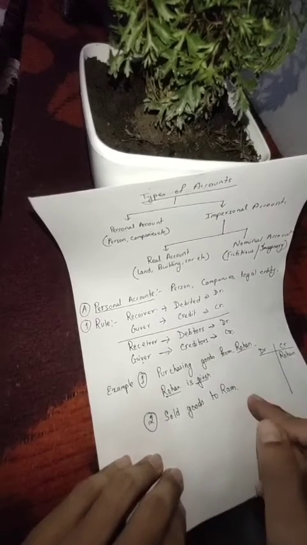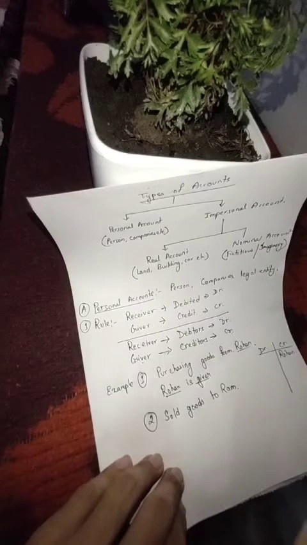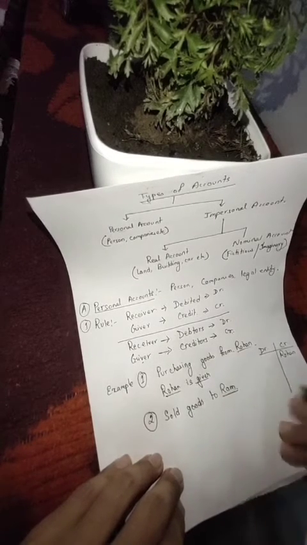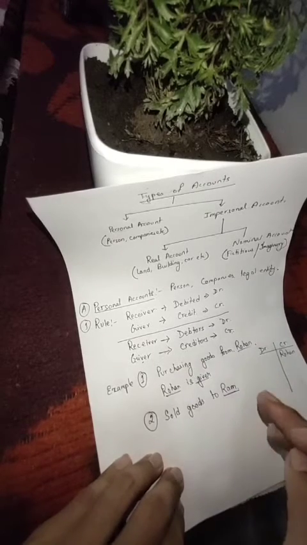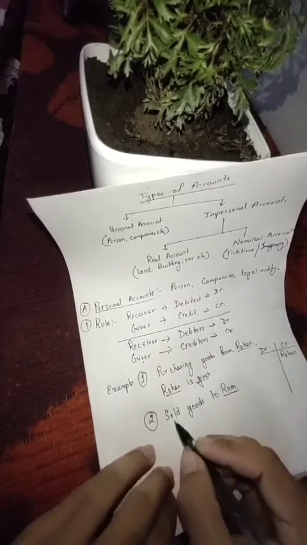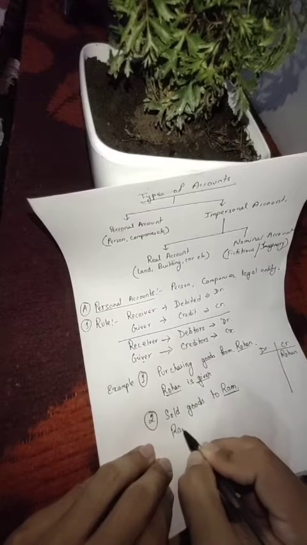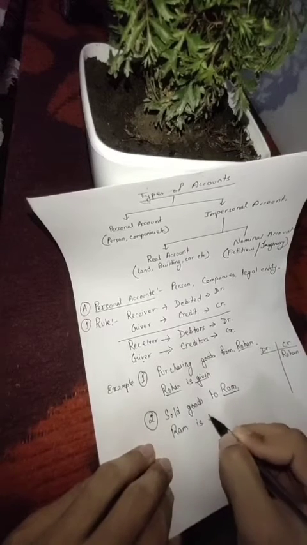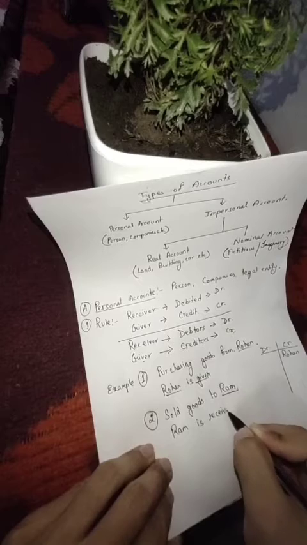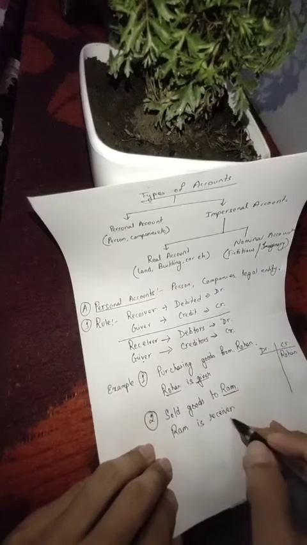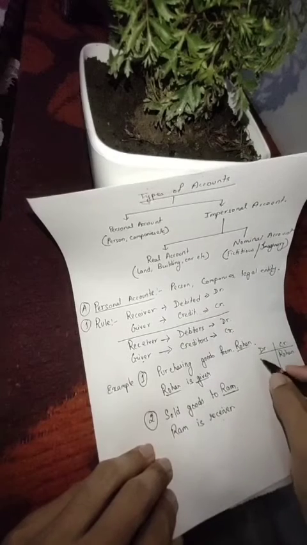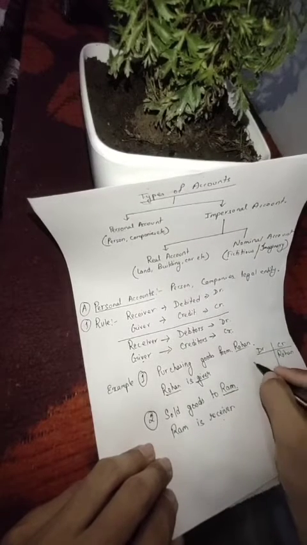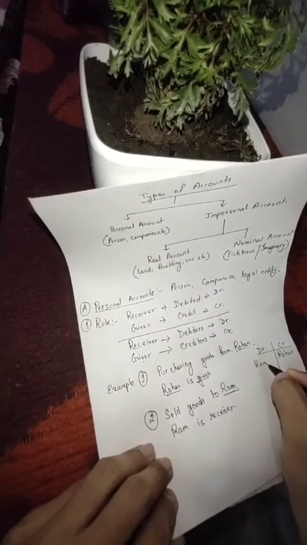Sold goods to Ram means we are selling goods to Ram. That means Ram is receiving something from us. Ram is a receiver in this case. Since Ram is a receiver, and a receiver is always a debtor item, and the debtor is a debit item, we're going to put Ram on the debit side.